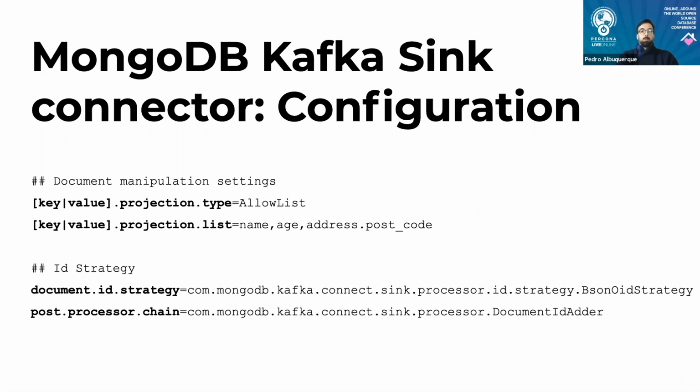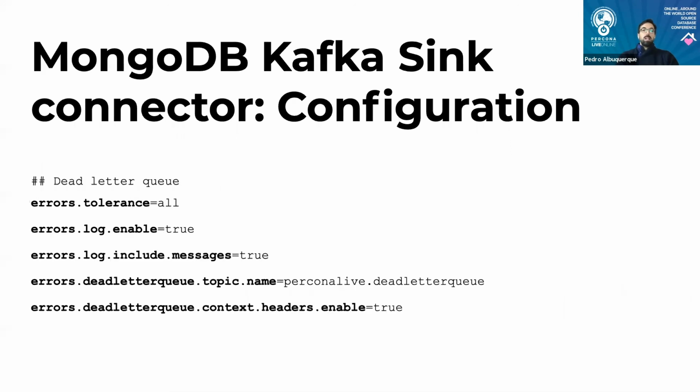It is also possible to define a custom value for the underscore ID field using the document ID header post-processor. It can also be configured to send messages that cannot be processed to a dead letter queue. The connector sends invalid messages to this queue in order to allow manual inspection, updates, and resubmission for processing.